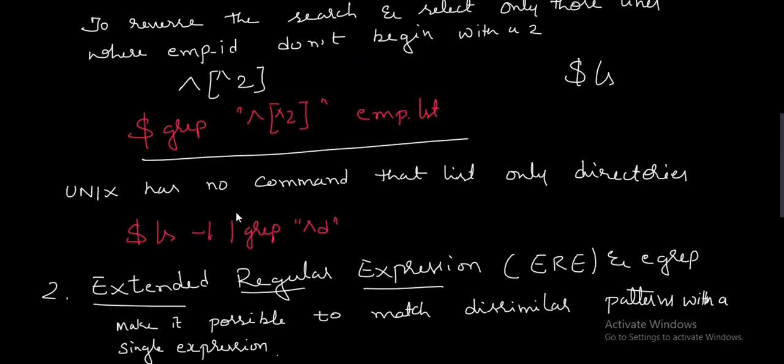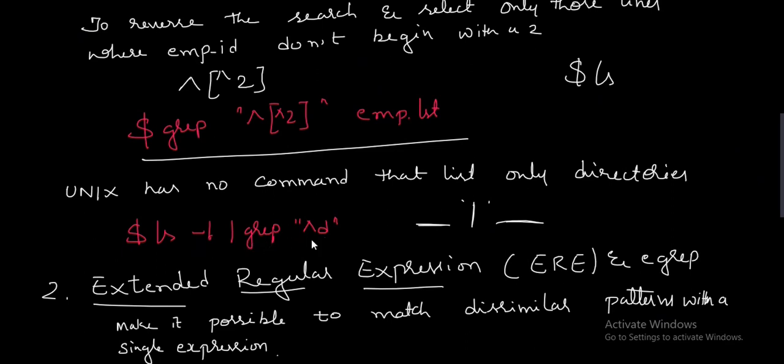Okay, so this is the pipe. That means whatever output comes from the first command will be taken as an input to the next command. So now it is going to list all the files along with the attributes. Now from that you are going to filter using the grep command. What are you going to filter?